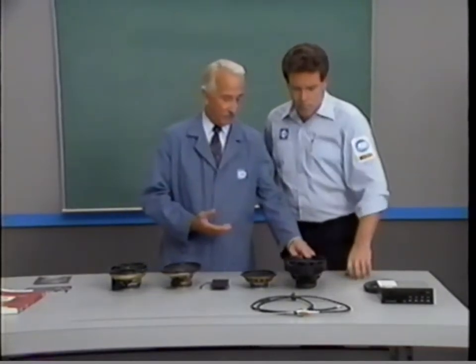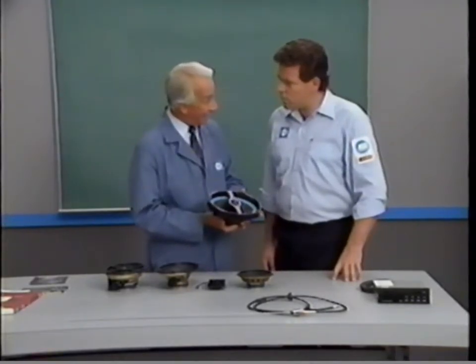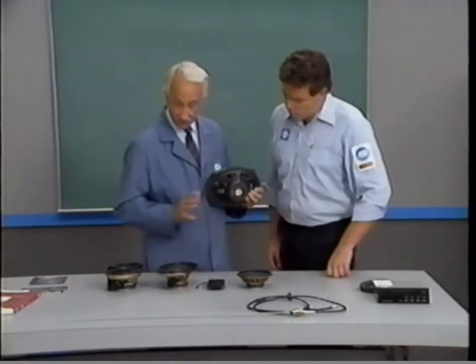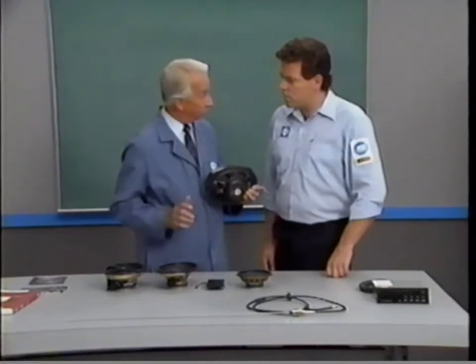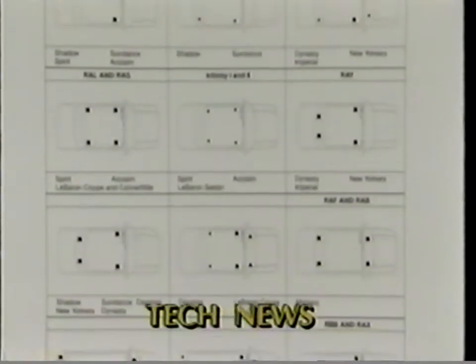This coaxial speaker is a combination of both the tweeter and the woofer, but does not have a separate amp in the rear, as does the Infinity coaxial speaker. With the sound system tailor-made for each vehicle, it's important that you replace a speaker with the same type. That's right. And this month's Mastertech includes a chart that describes the type of speakers and their locations in Chrysler vehicles.